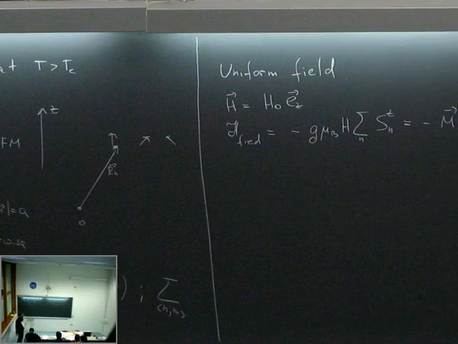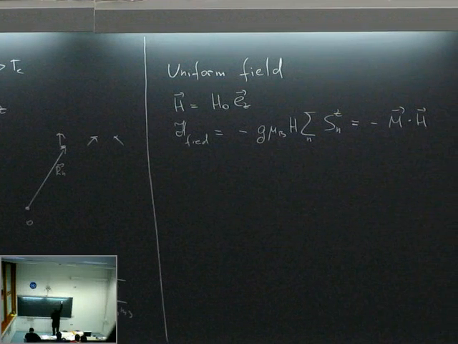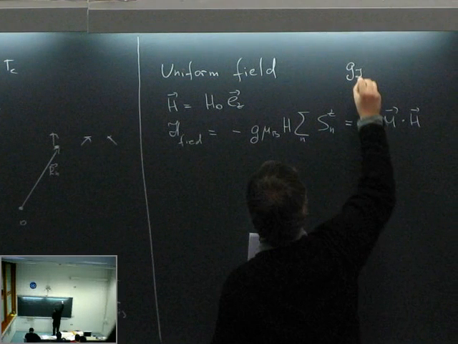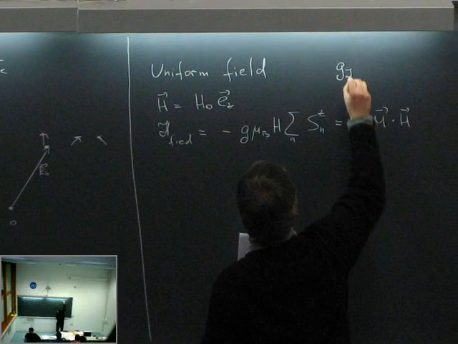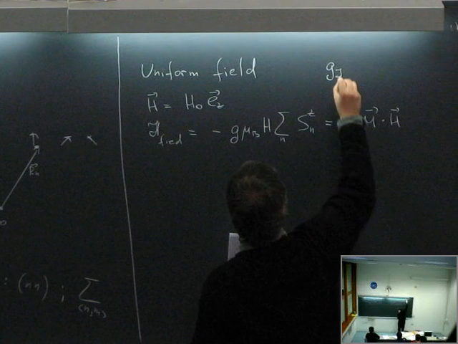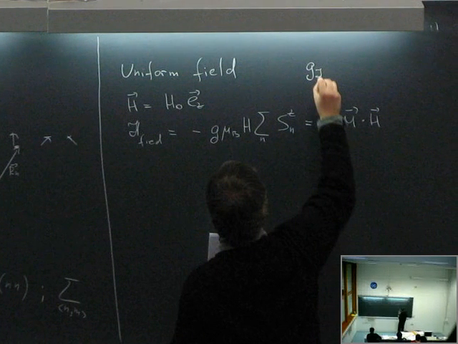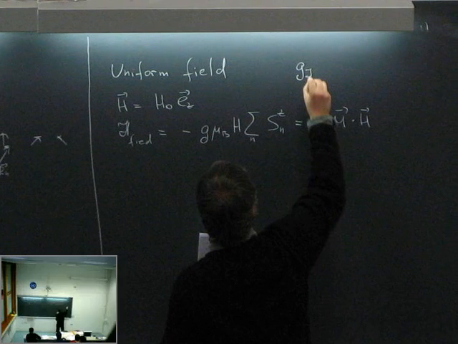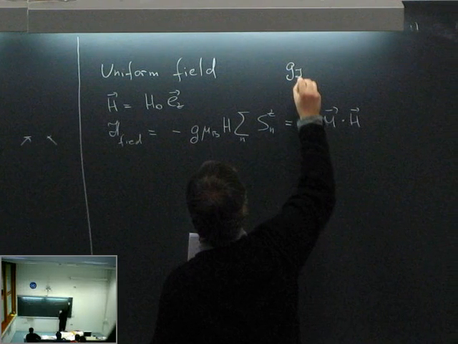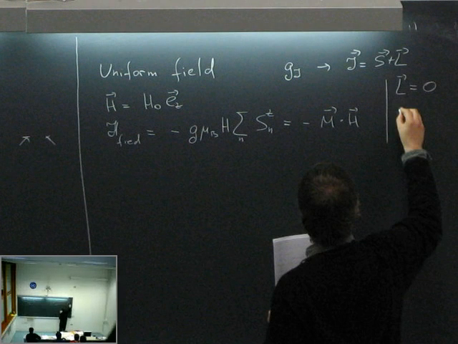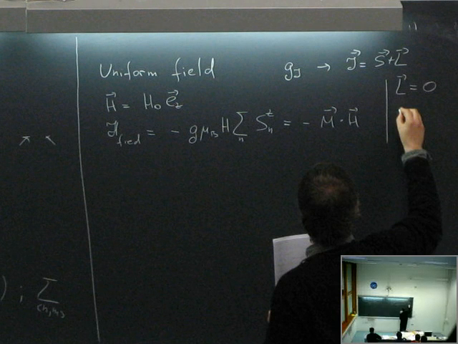Yes, there is no L. Good question. Before I wrote g_J, and it corresponds to the situation J equal to S plus L. For the moment, let's say that we are in the situation where there is no orbital magnetism, therefore J is equal to S, and g_J is equal to g.